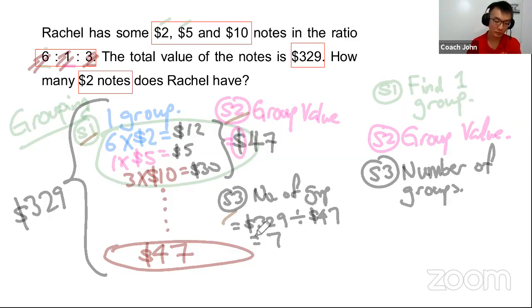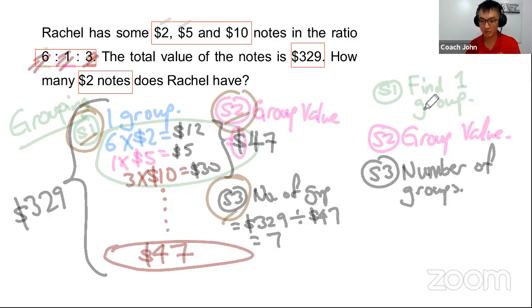Not really. It depends on the question. So you really want to read the question carefully, but once you are able to identify that it's a grouping concept, these 3 steps will generally lead you to the answer, or lead you closer to the answer.